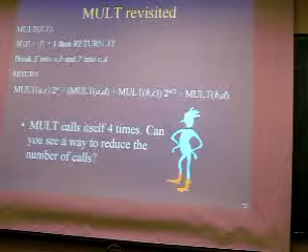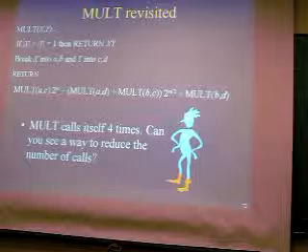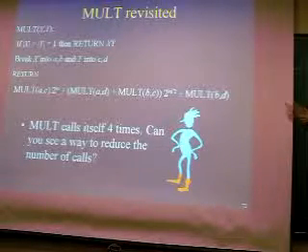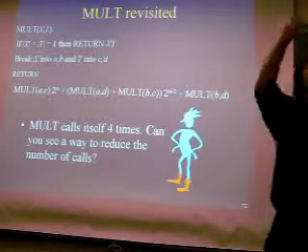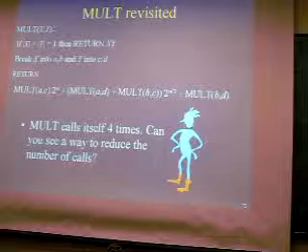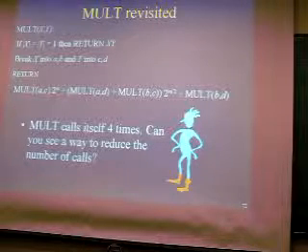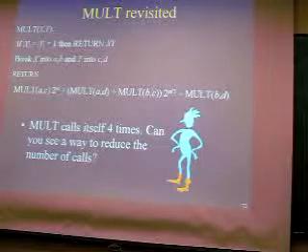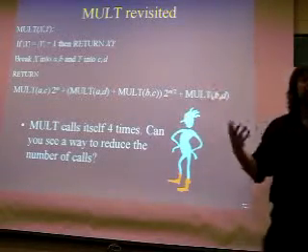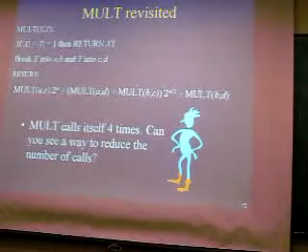Remember the key numbers in the recurrence relation: the number of friends, which is 4, and how much smaller our input is, which was n over 2, half, so that's a 2. The other number was how much work I do. The amount of work I do is linear, so the C is 1.